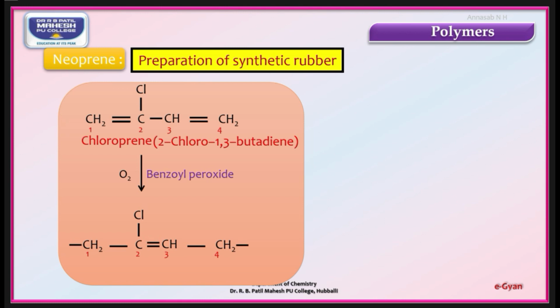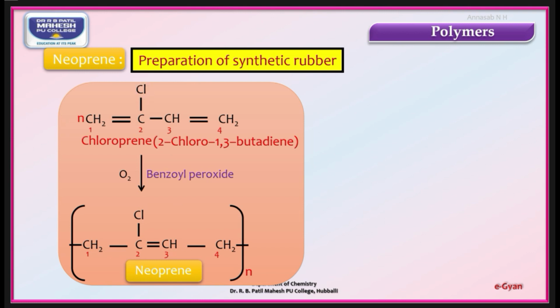And if you have taken n times chloroprene, what we get? It is n times neoprene. So the monomer for neoprene is chloroprene. If it is isoprene, instead of Cl, it is CH3. As it is chloroprene, it is a Cl group.